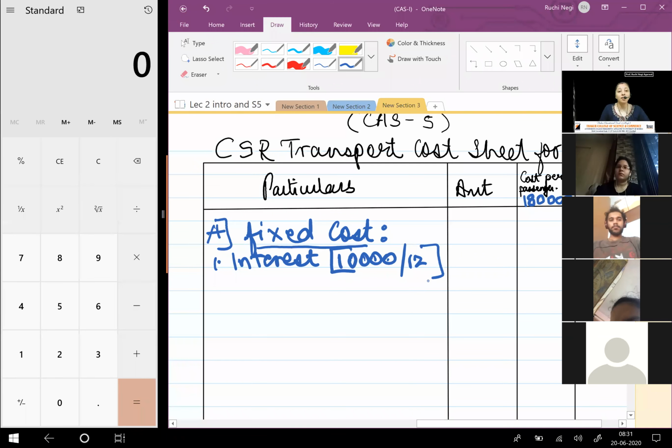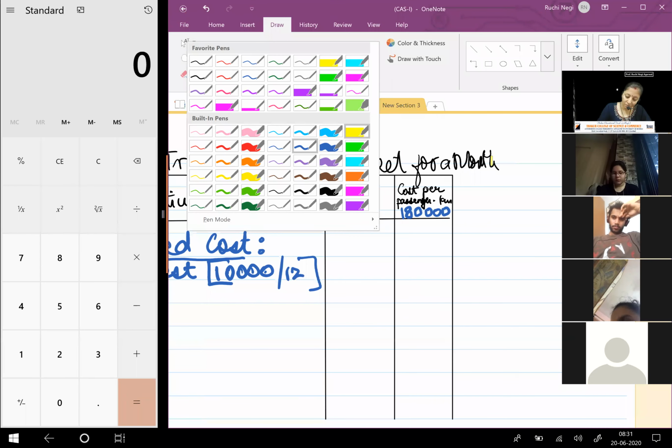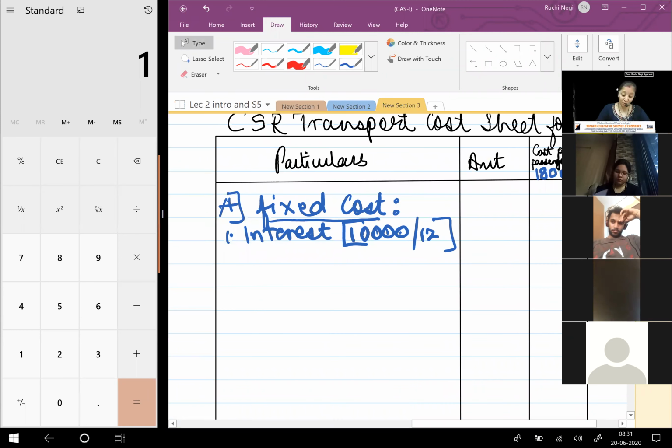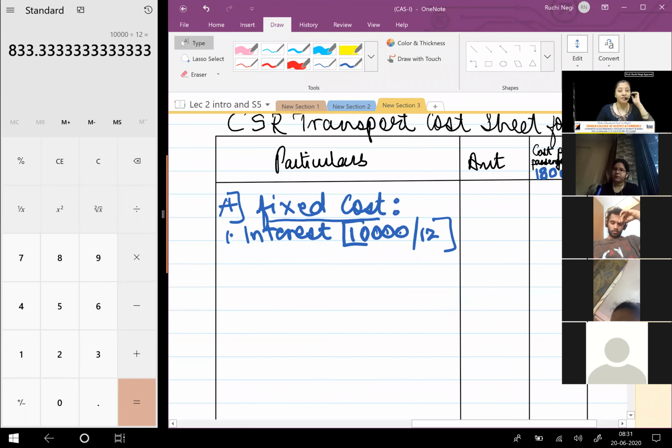Information is yearly, but we are making it monthly. We are making it month wise, and information is yearly, so you have to convert into monthly. So 10,000 divided by 12 months. My answer is 833.33. Round off the answer. 833. Next.